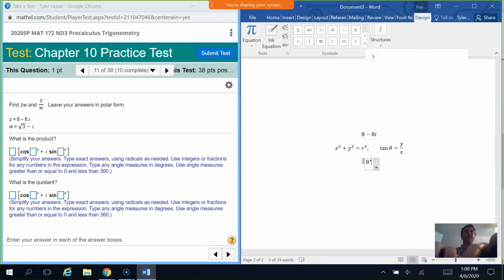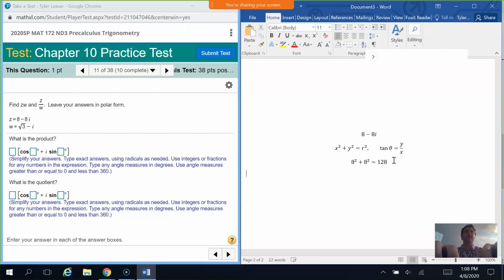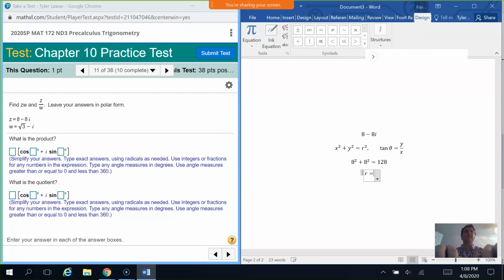So for the first one, that's going to be 8 squared plus 8 squared, so that's 64 plus 64, which is 128, but we could rewrite that as 8 square root 2 after we take the square root. So r is 8 square root 2.